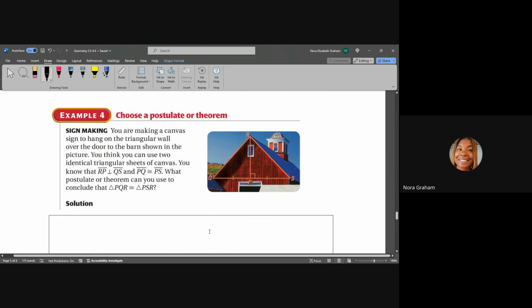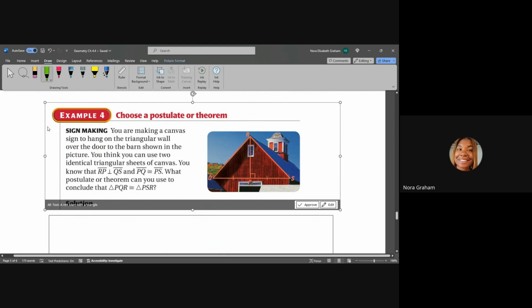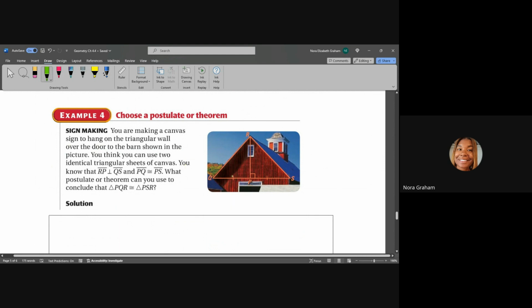All right, so I think it's pretty plain. They already gave us, in green so we can see it, that these two sides are congruent. They also said that this creates a 90-degree angle, which is great. But that's going to be my hypotenuse.